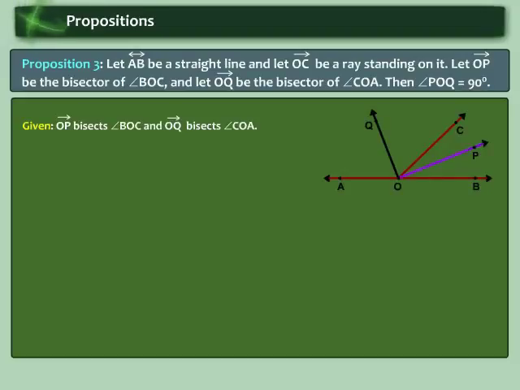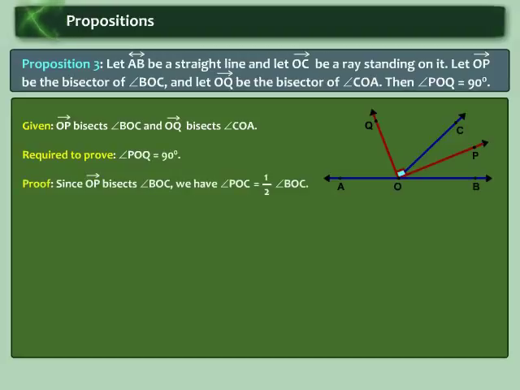Given ray OP bisects angle BOC and ray OQ bisects angle COA. What we need to prove is that angle POQ is equal to 90 degrees. Proof. Since ray OP bisects angle BOC, we have angle POC is equal to half the angle BOC.